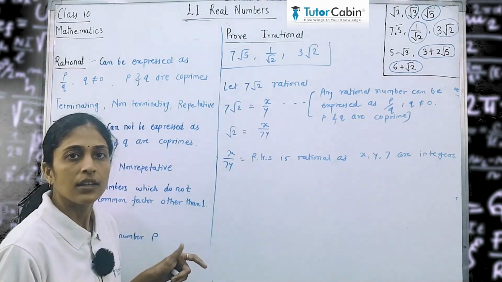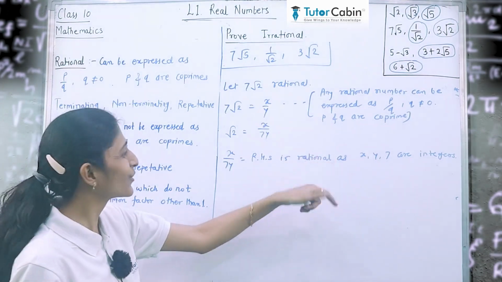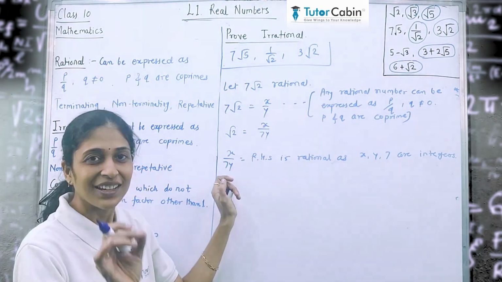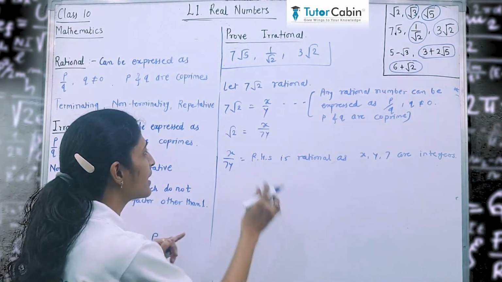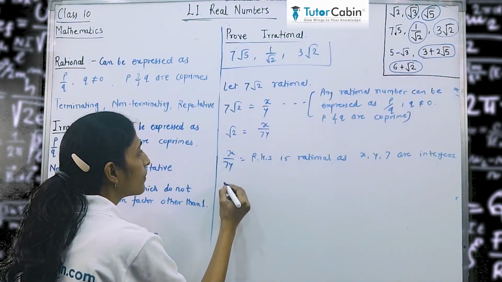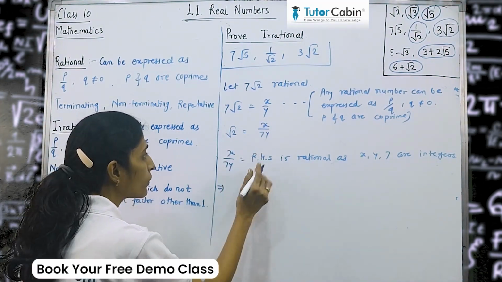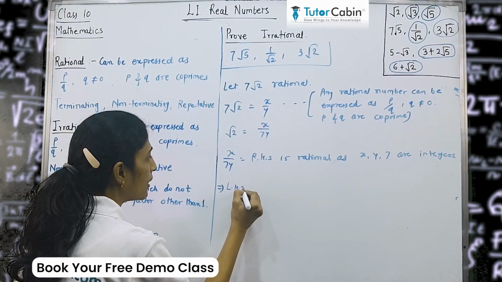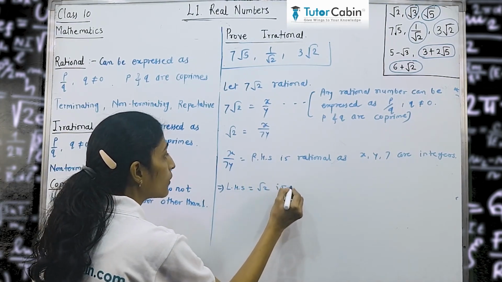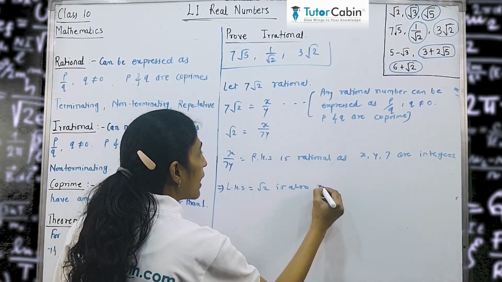These are integers, so that's why x upon 7y is rational. The right hand side is rational, which proves that the left hand side, which is root 2, is also rational.